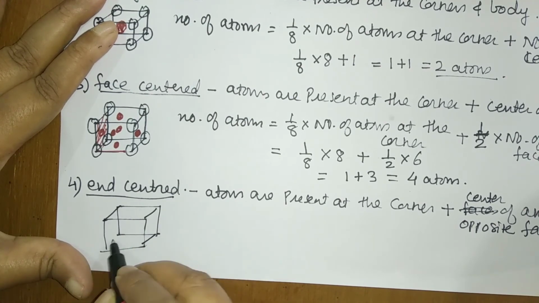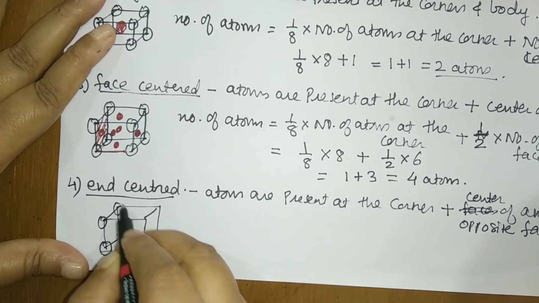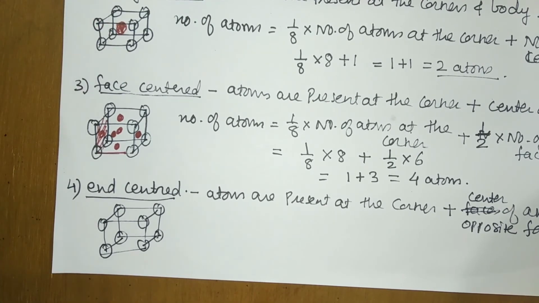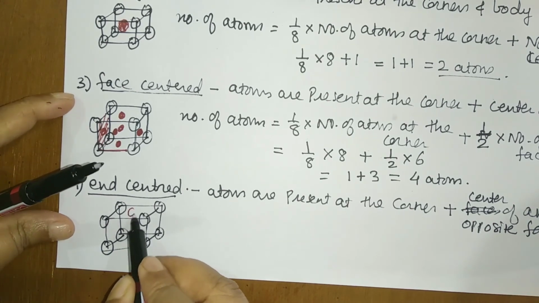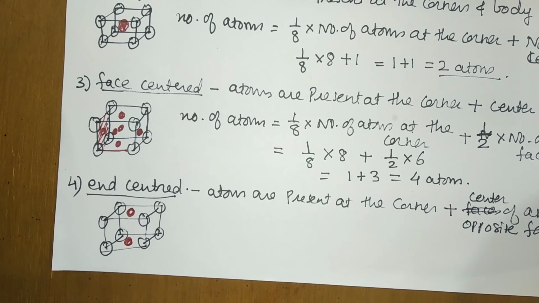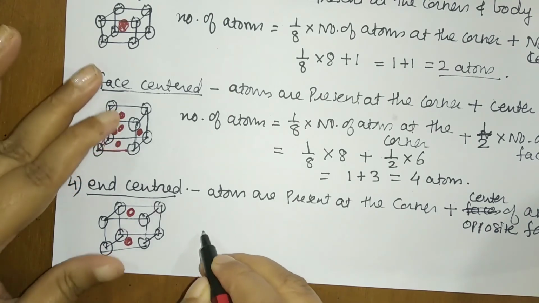The 8 atoms at the corner in this way and any 2 opposite faces center. So I'll consider this face, opposite to that is this. Face contribution is always half. So what will be the number of atoms, student?